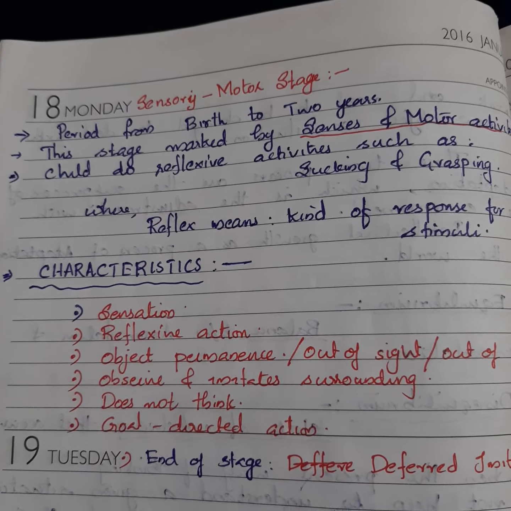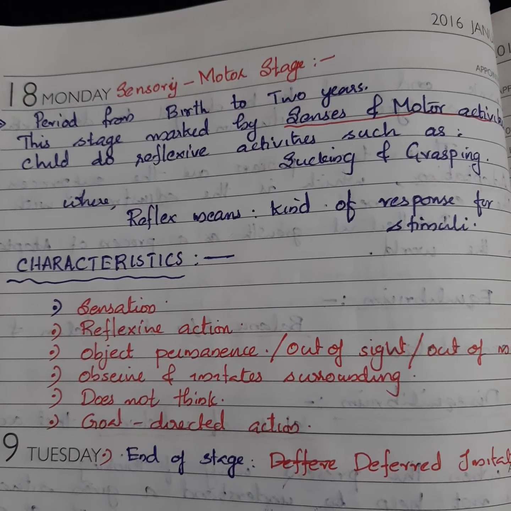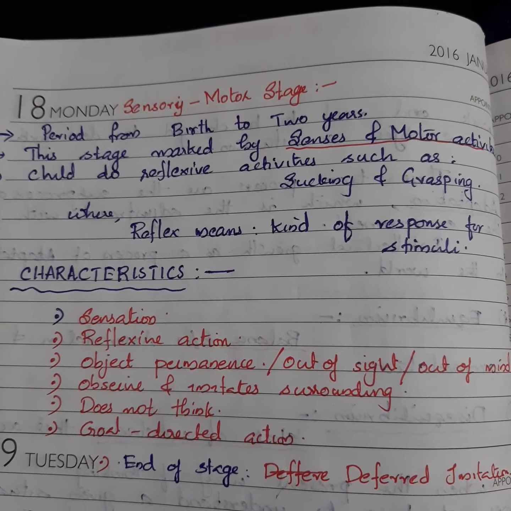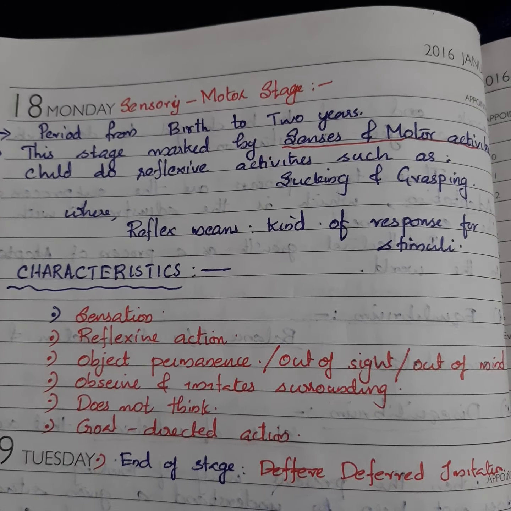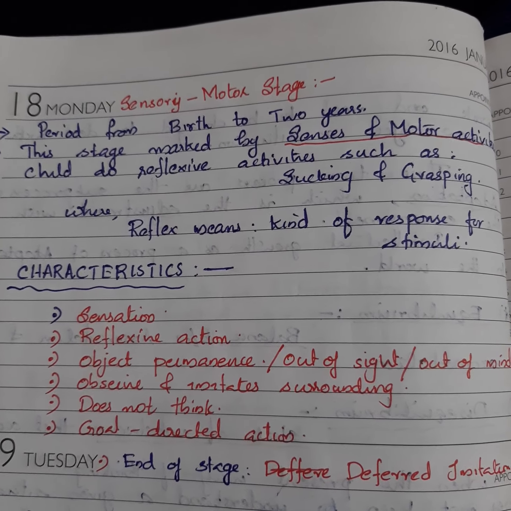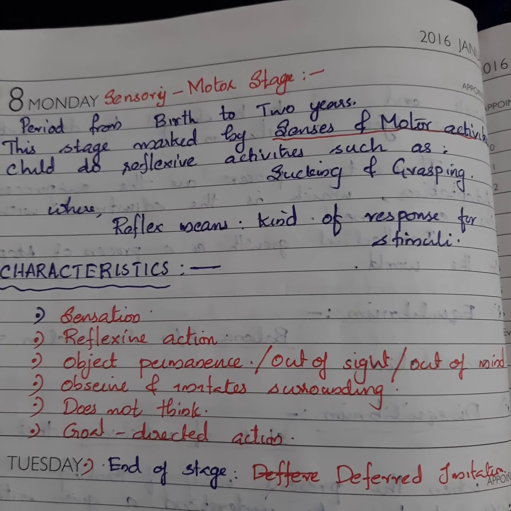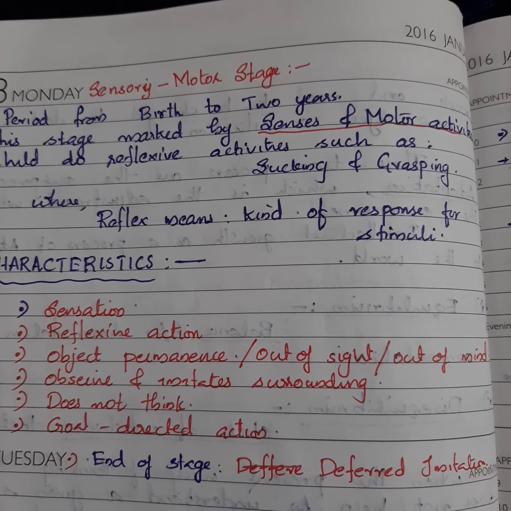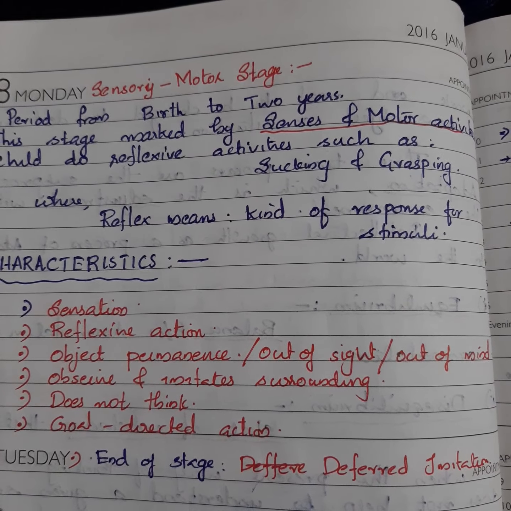And the most important characteristic of this stage is object permanence. That is, children learn to recognize objects and understand that objects have their separate permanent existence.